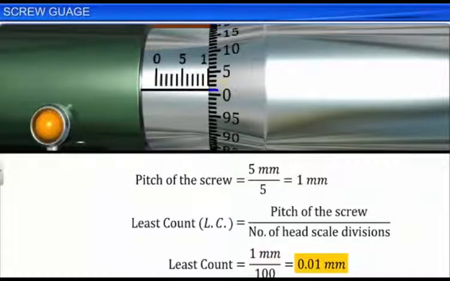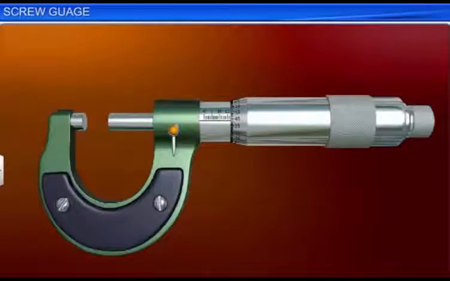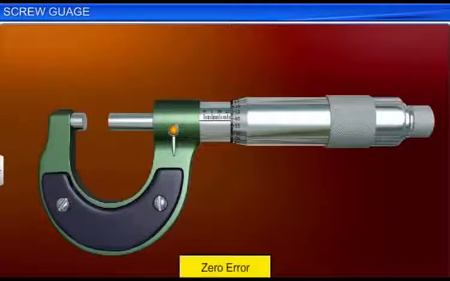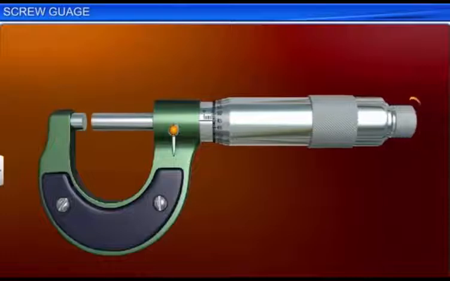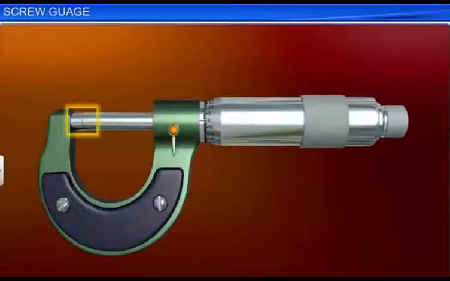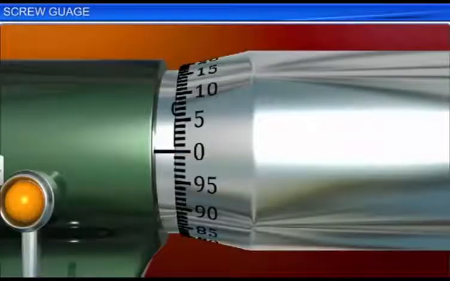Before making a measurement, you must also check if the screw gauge has any zero error. Rotate the head scale such that the tip of the screw is in contact with the stud. If the zero of the head scale coincides with the index line of the pitch scale and the head scale is exactly on the zero of the pitch scale, then the screw gauge has no zero error.